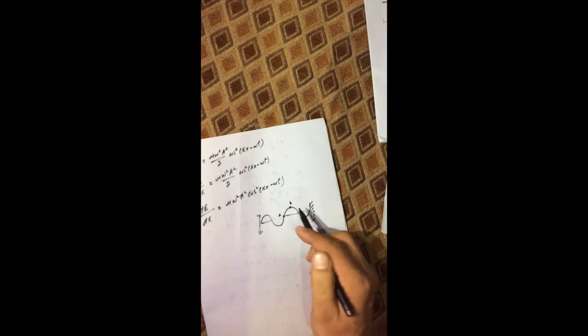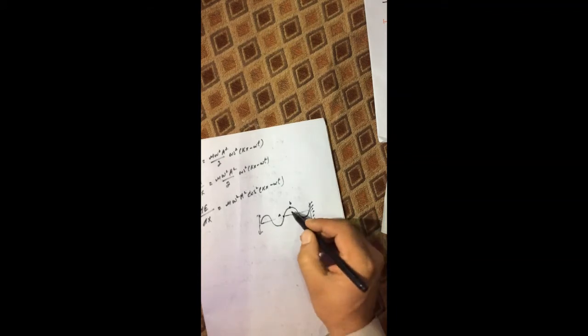Now at point B is the maximum amplitude, because the amplitude is maximum here. We know that when a particle reaches its maximum amplitude or maximum position, then the velocity will be 0 there.